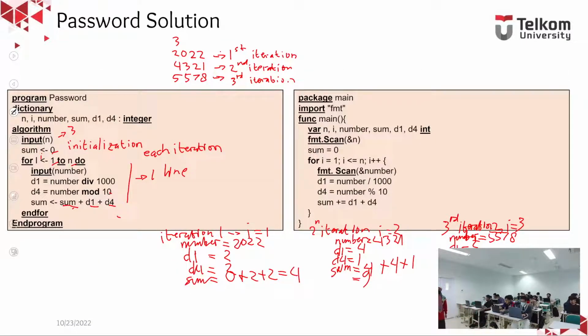Okay, and this is the translation to the Go language. Is there any question about this translation? Yes, there is no output in the code of the translation. Okay. Yeah, also in this algorithm there is no output, right?